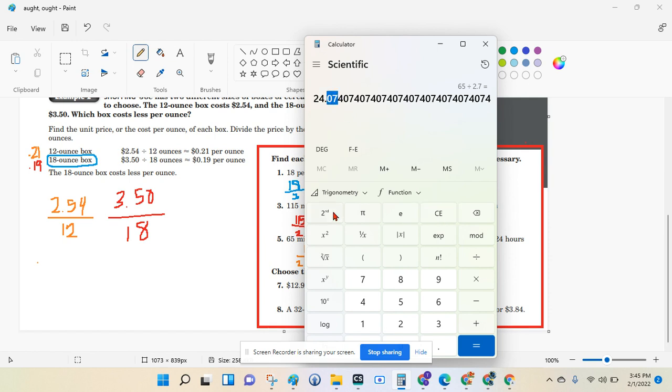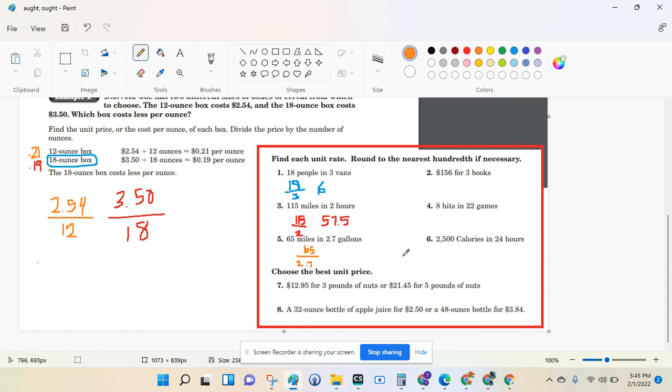And remember, we're going to round these to the hundredths. So they could travel about 24.07 miles, which, if you were looking at that, you would usually think that they could go 24 miles a gallon. So that's about what their vehicle is getting.